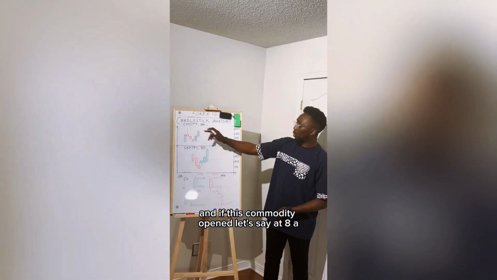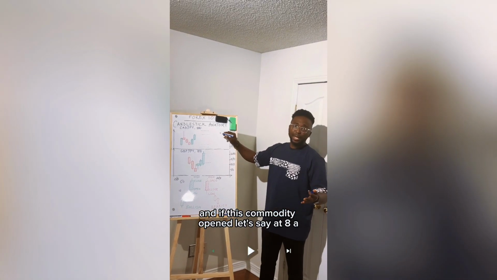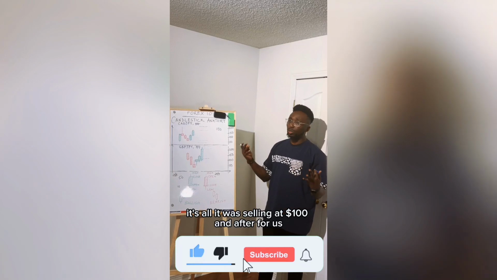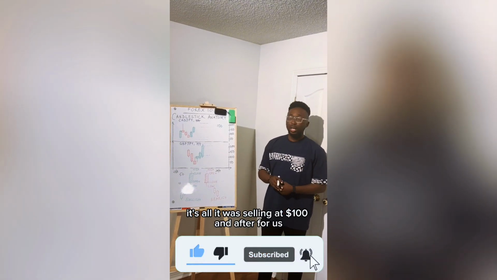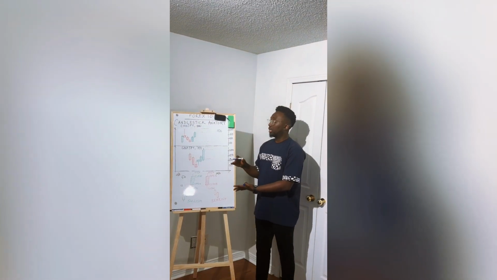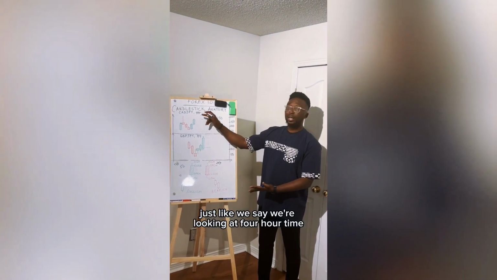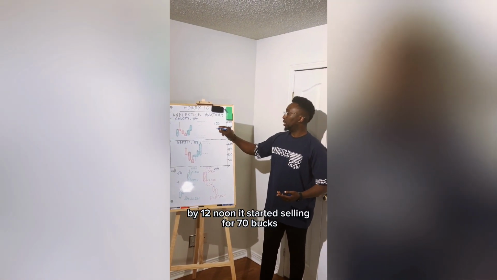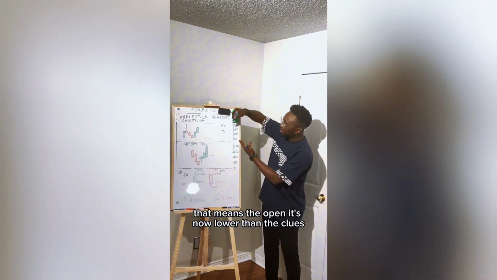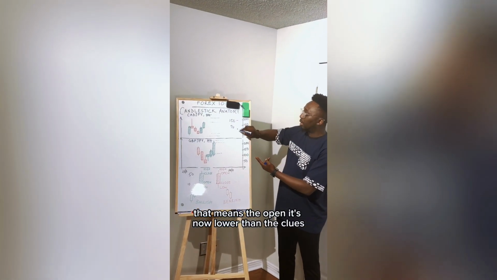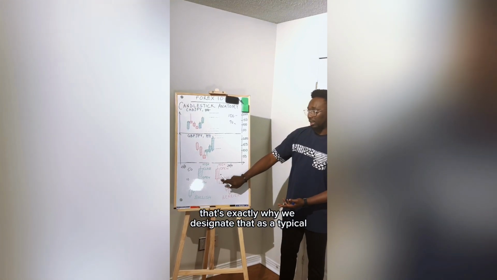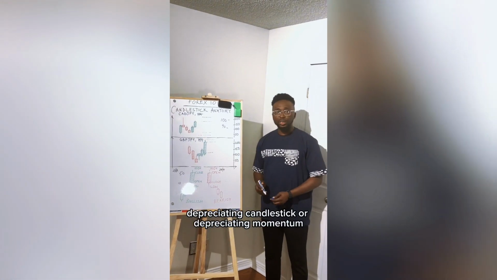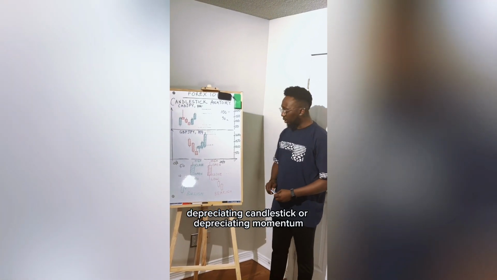If this commodity opened, let's say at 8 a.m. in the morning, selling at $100, then after 4 hours, by 12 noon, it started selling for $70. That means the close is now lower than the open. That's exactly why we designate that as a typical depreciating candlestick or a depreciating momentum.